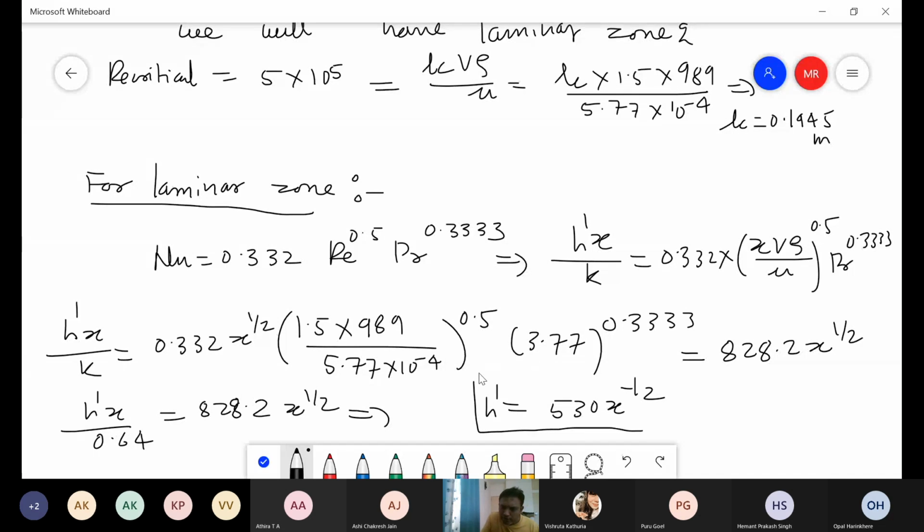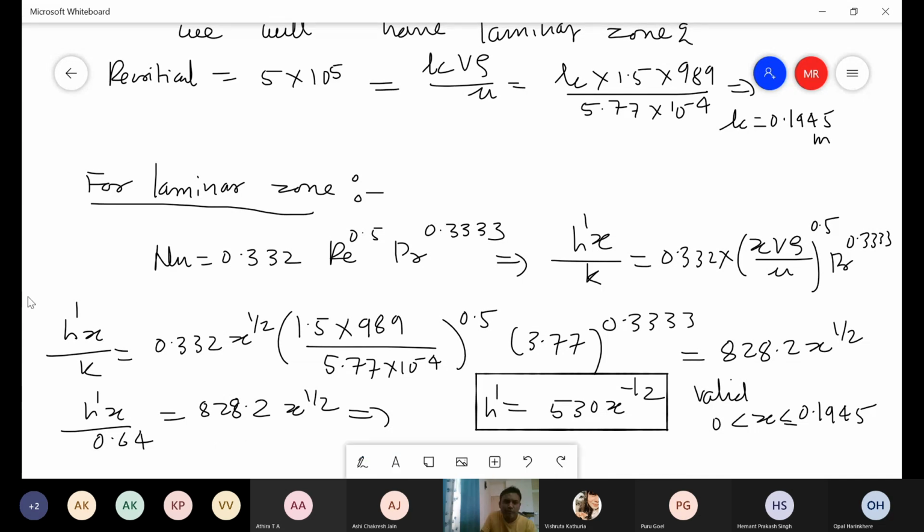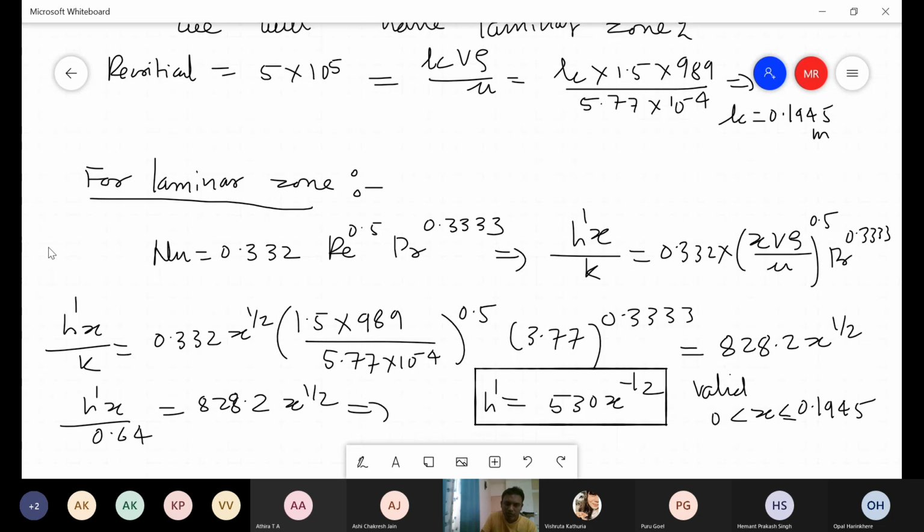So this is the local heat transfer coefficient, and this is valid in 0 to 0.1945. In this region it is valid, isn't it? So this is the local heat transfer coefficient in the laminar zone.